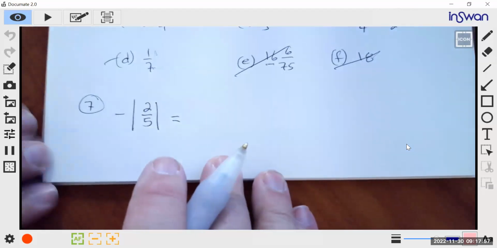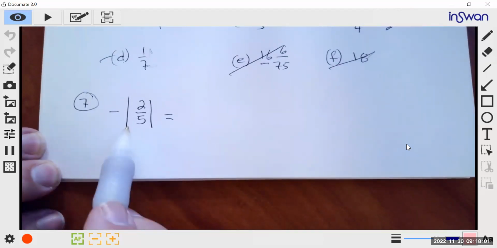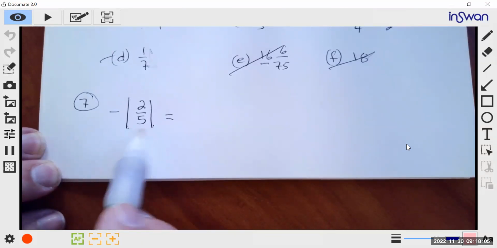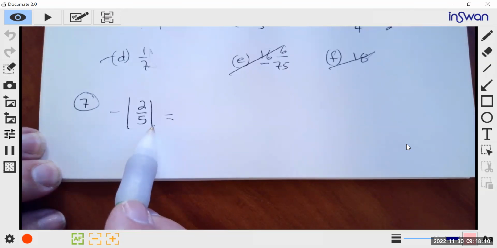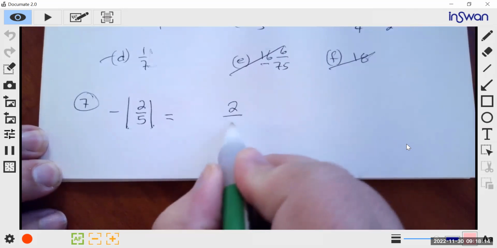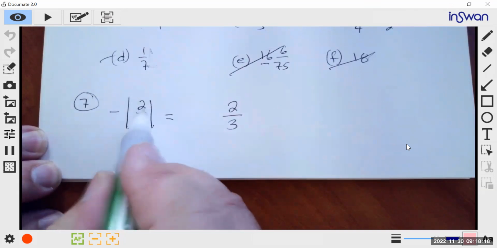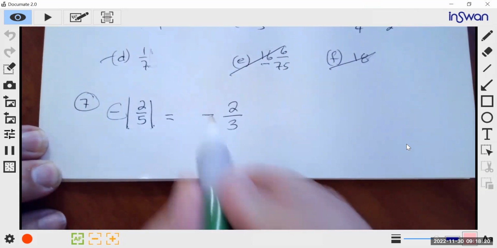Okay, so the first one we do is what? Special operations, absolute value. What's the absolute value of 2/5? Just 2/5. The absolute value just gets rid of the negative on that number. This is still outside, so it's still there.